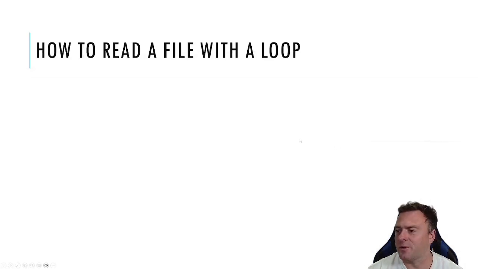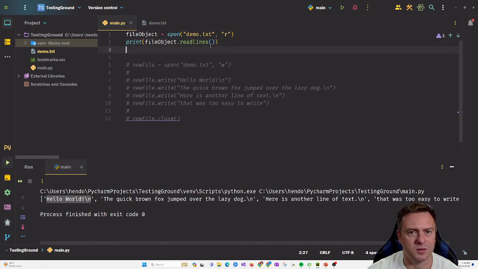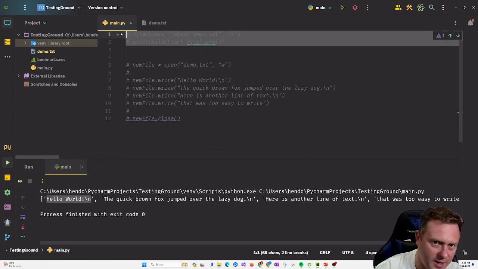So then how do you read a file with a loop? We can now do file object is equal to open demo.txt r, and then for line in the file object, we can then print out the line. So let's just comment that out.